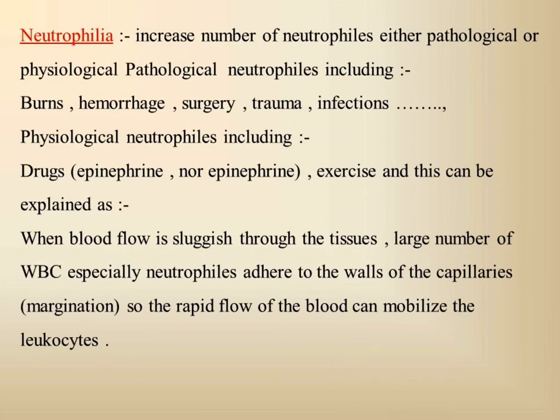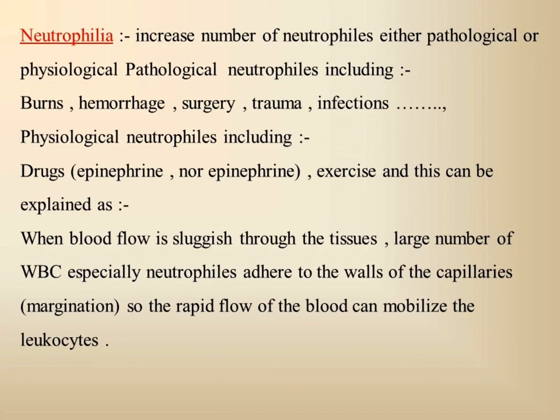Now, what is the meaning of neutrophilia? Neutrophilia means an increased number of neutrophils. So we must distinguish between neutrophilia and neutrophil. Neutrophilia is an increase in the number of neutrophils, either pathological or physiological.